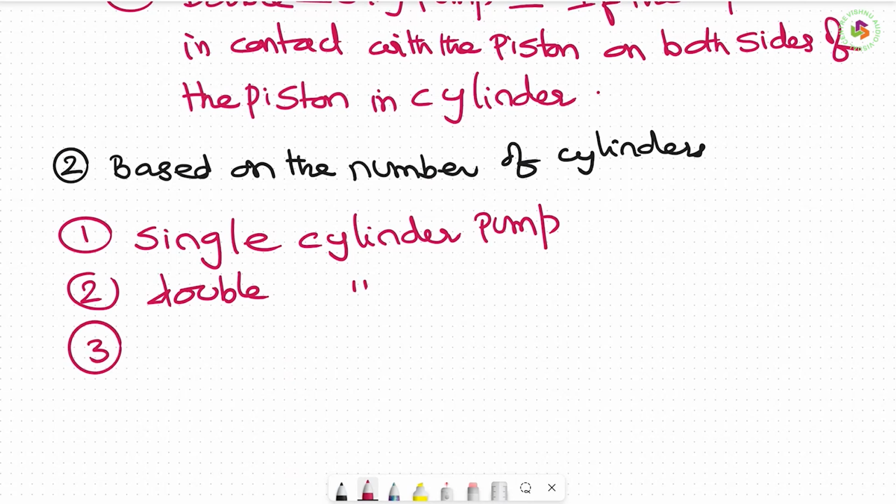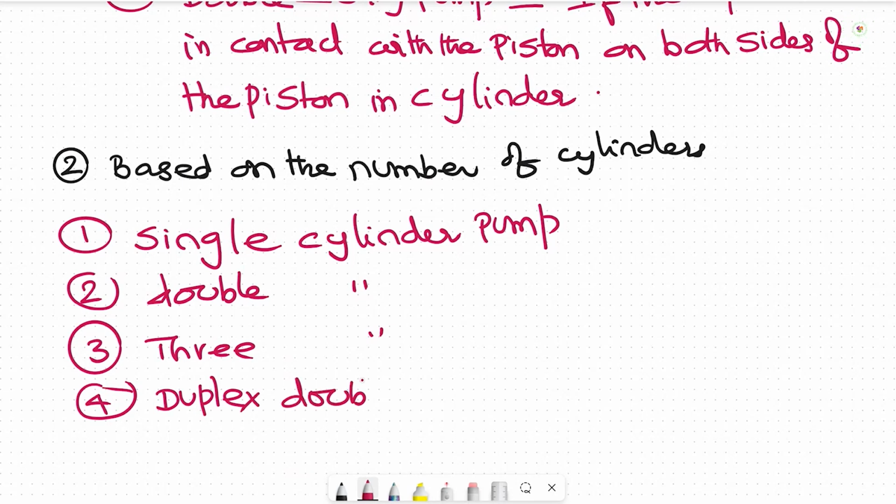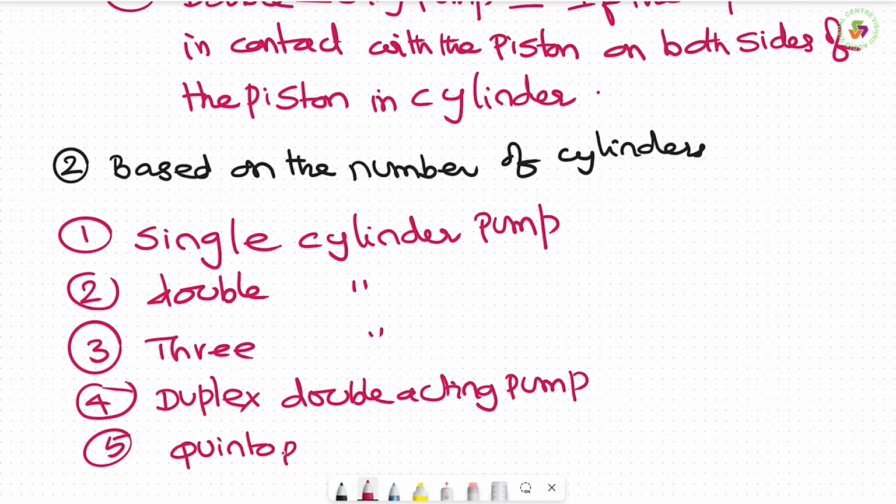If there are three cylinders, we call it a three cylinder pump. If we have four cylinders, then we call it a duplex double acting pump. And if we have five, then we call it a quintuplex pump.